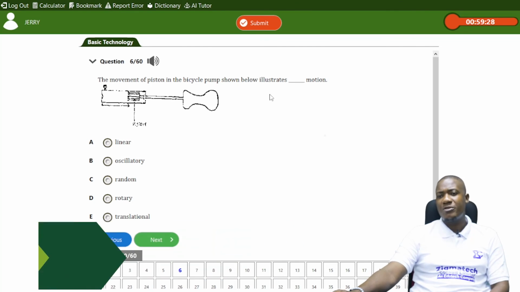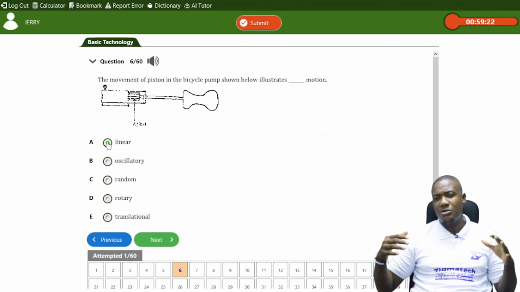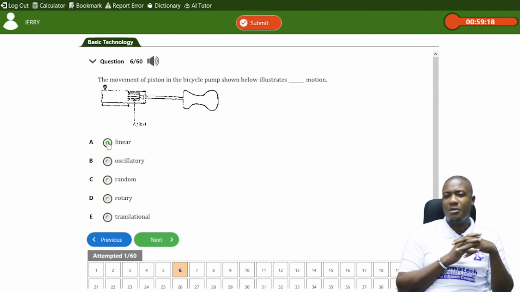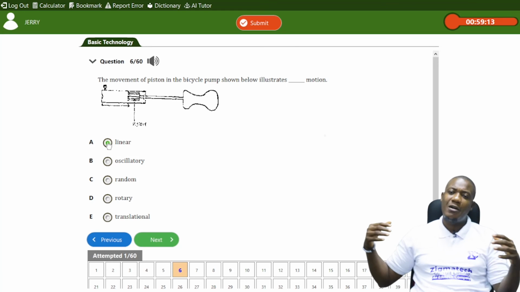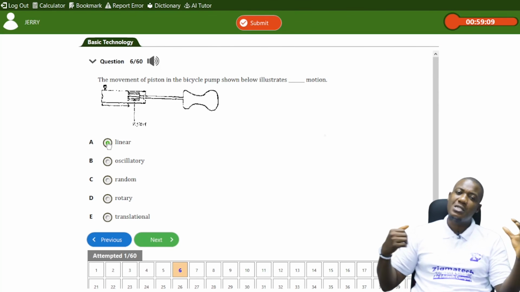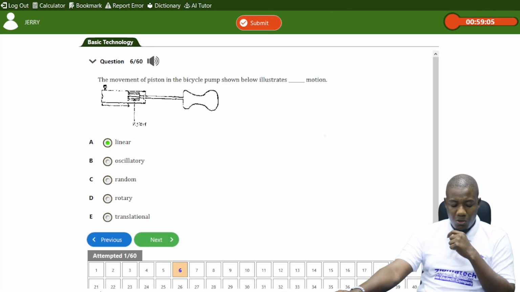The movement of this piston here is linear motion, which is option A, because for you to force air through the barrel of the pump to the tire, you have to move the piston up and down, which is linear motion.